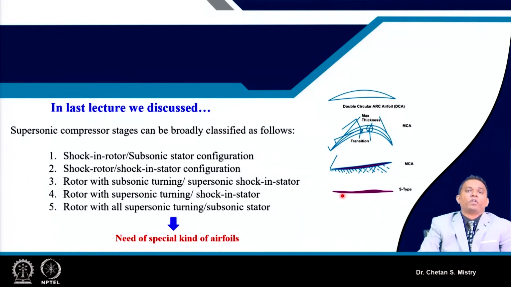So today we will be discussing in detail this DCA aerofoil, MCA aerofoil, S-type aerofoil, and how the flow will be behaving, and that will give us an idea of how we need to think as a designer, as an aerodynamicist, so that we get what we are expecting for future development of aero engines with per stage pressure rise to be very high.